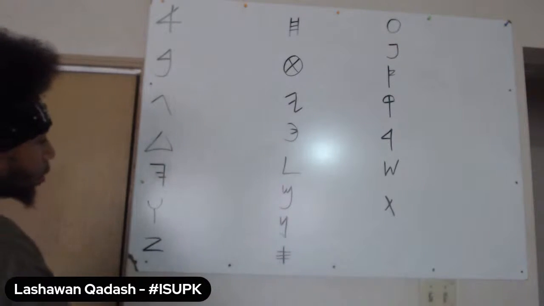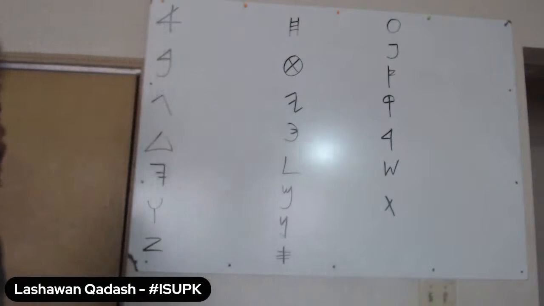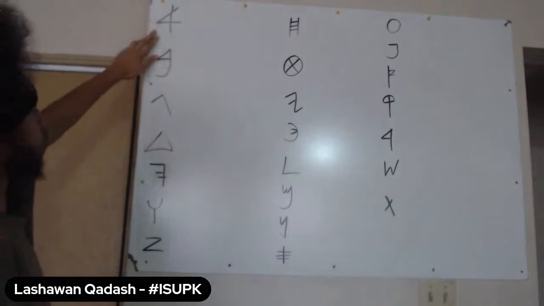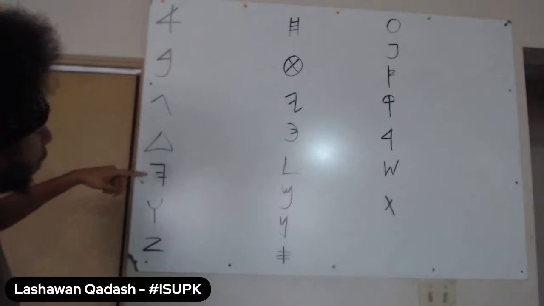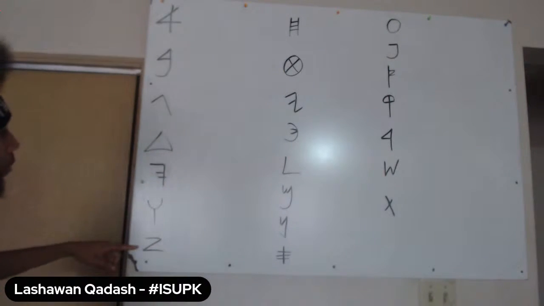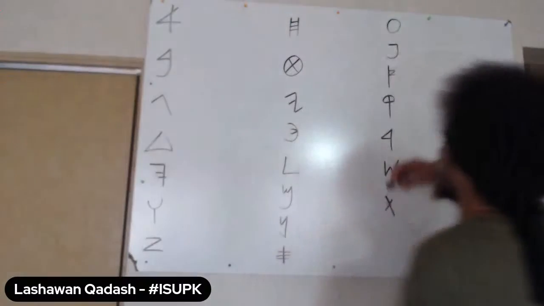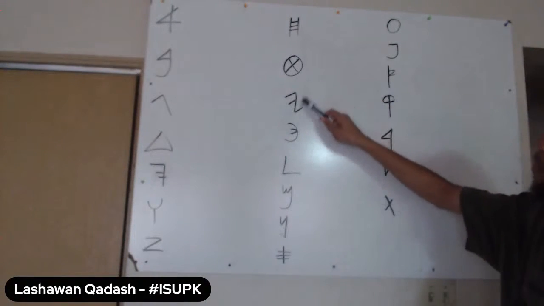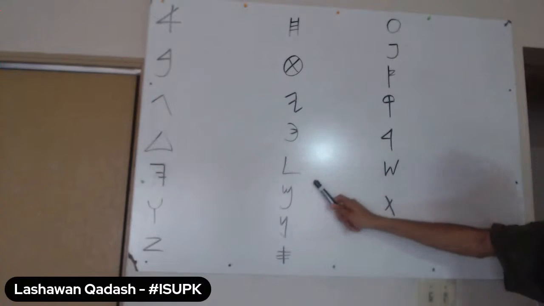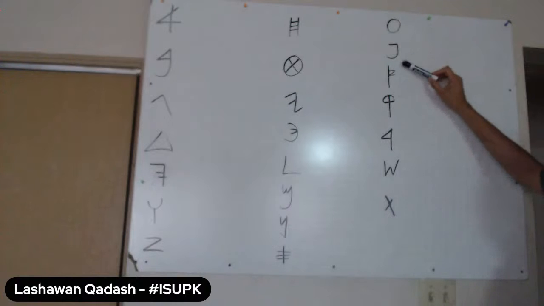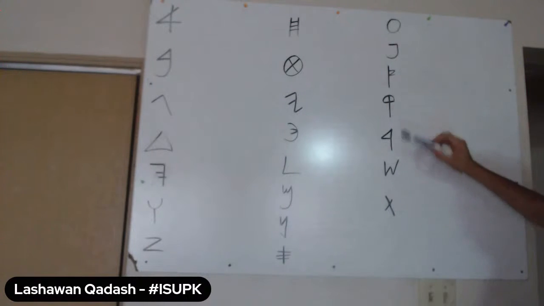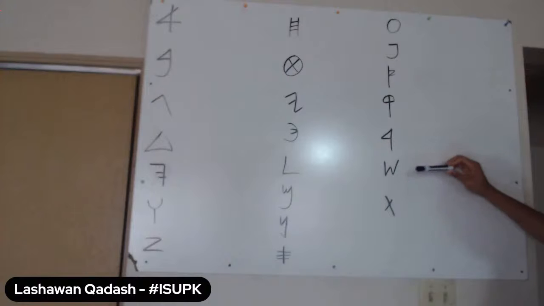But just for right now, we are going to do it this way. So as you know, this is the ba, the ga, da, ha, wa, za. You have the ka, ta, ya, ka, la, ma, na, sa, I, ha, ta, za, kwa, ra, sha, and tha.